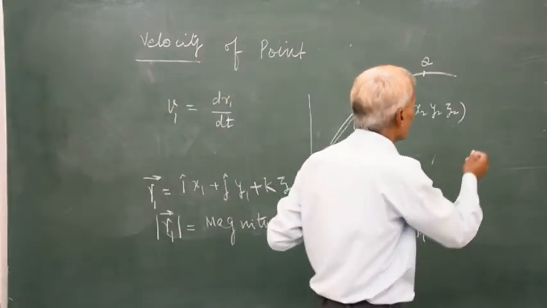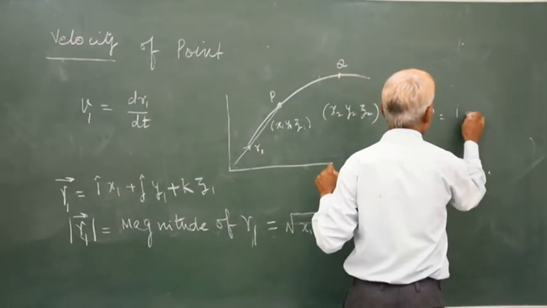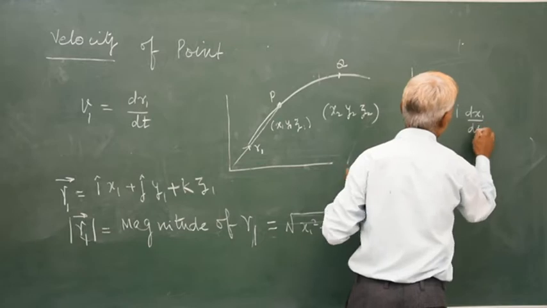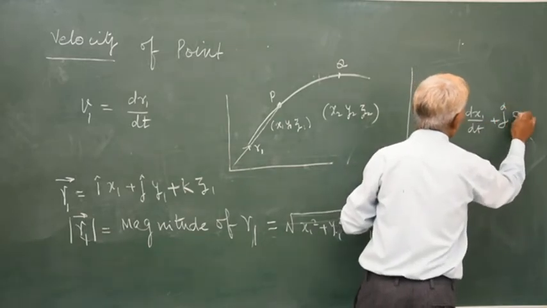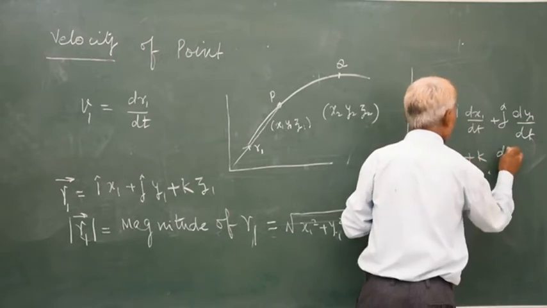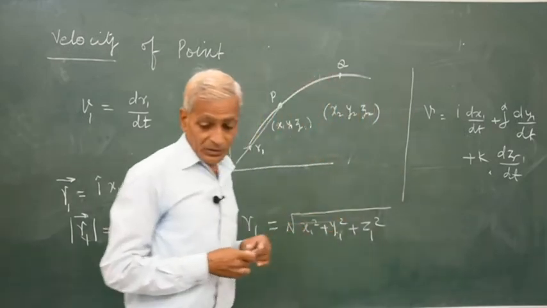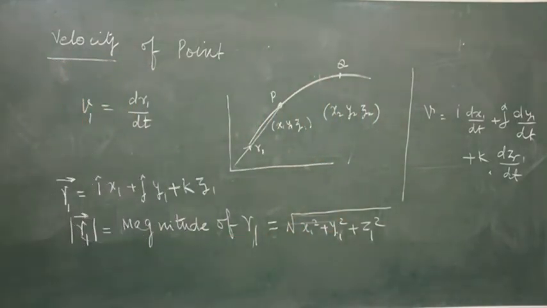That is V is equal to i dx1 by dt plus j dy1 by dt plus k dz1 by dt. So in this way, basic tools are there.